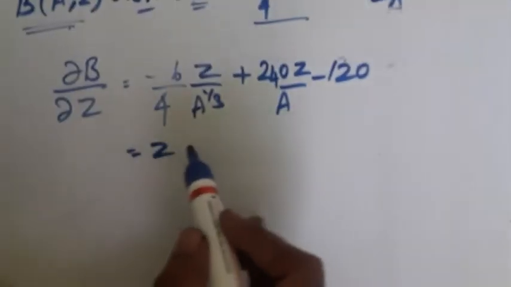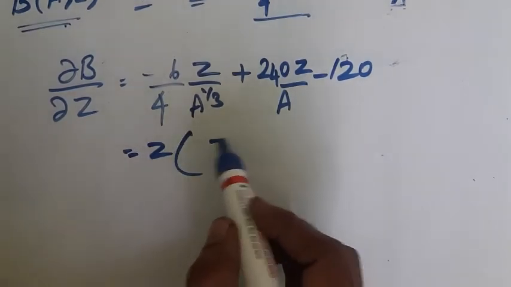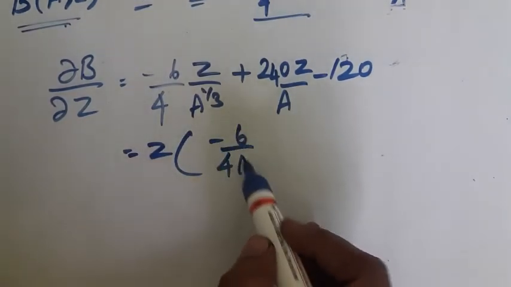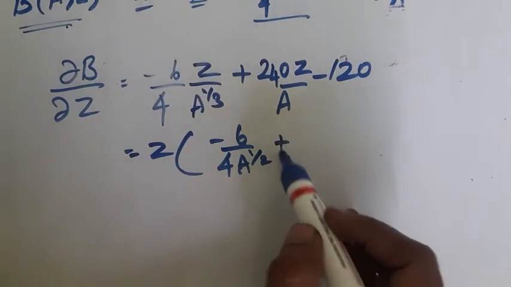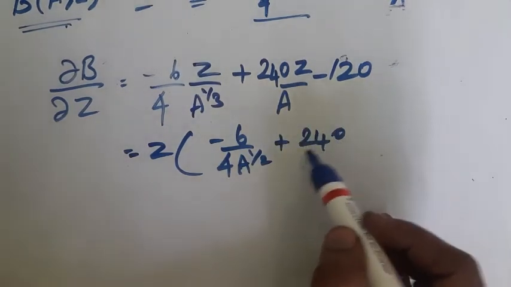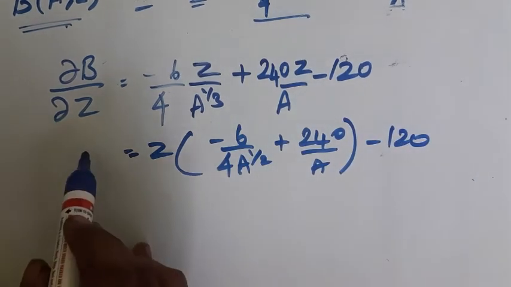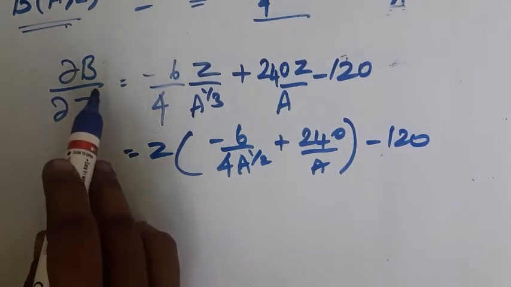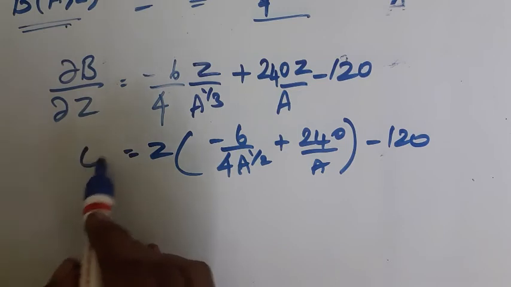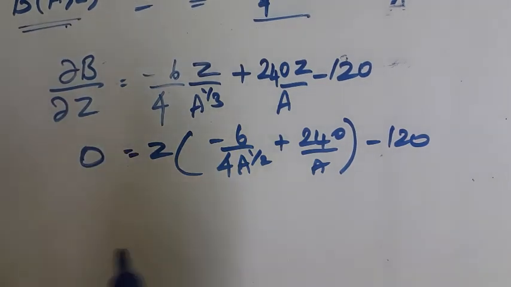Let me collect the Z term separately. Minus 6 by 4 plus 240 by A minus 120. Since it is for stability, dou B by dou Z should be equal to 0.